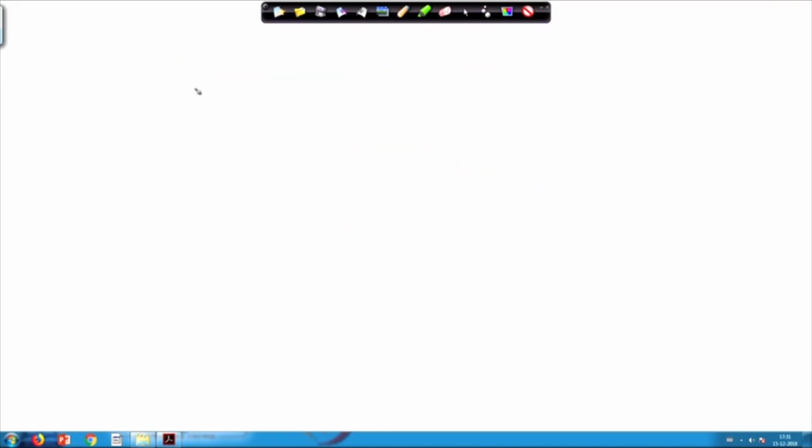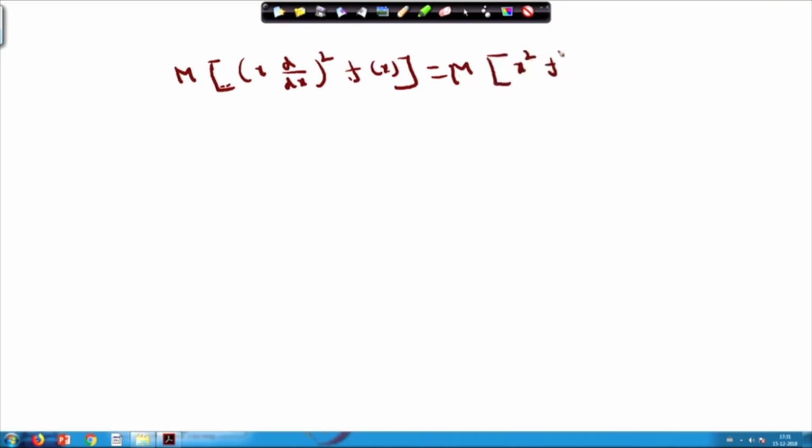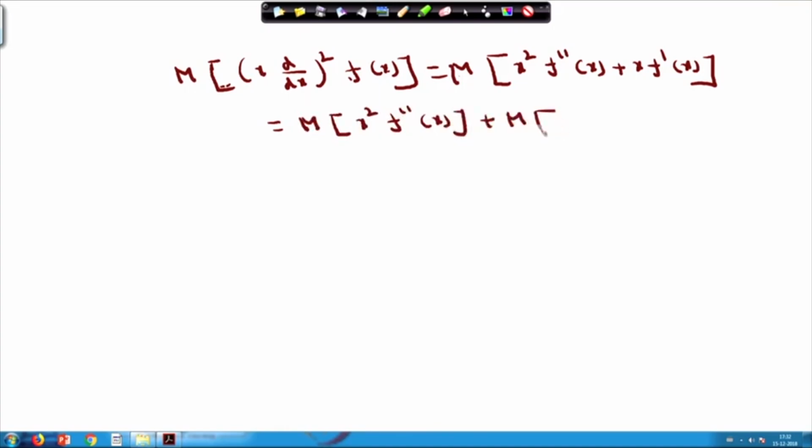From here now I am starting that Mellin transform of x d dx whole square of f x equals, as we have just now shown, Mellin transform of x square f double dash x plus x f dash x. I can break it so that I can write down Mellin transform of x square f double dash x plus Mellin transform of x f dash x.